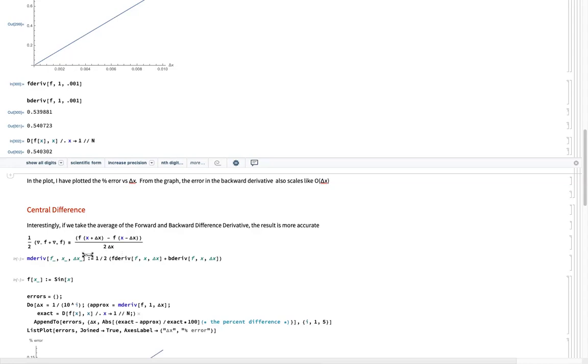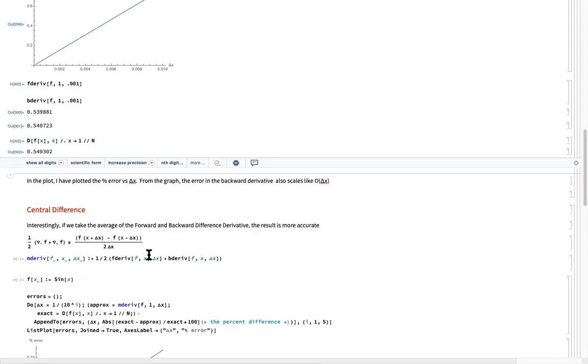So I just did that. You could just code it in there. When you take the average of them, the middle term cancels and you get f of x plus delta x minus f of x minus delta x, all divided by 2 delta x, and it'll be even more accurate.